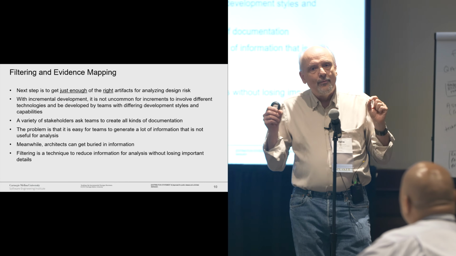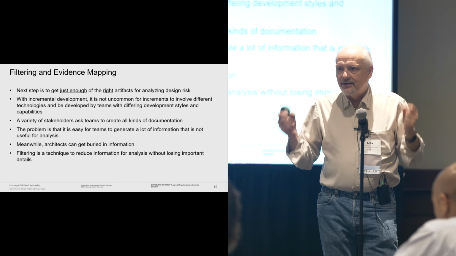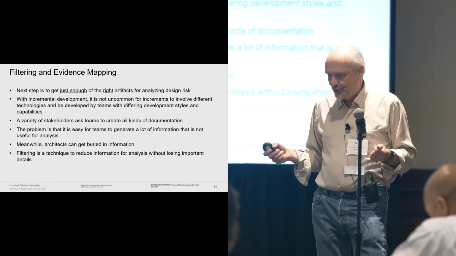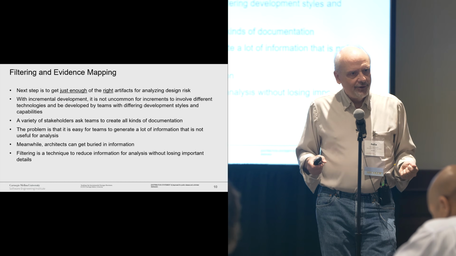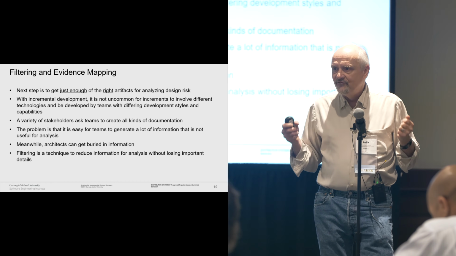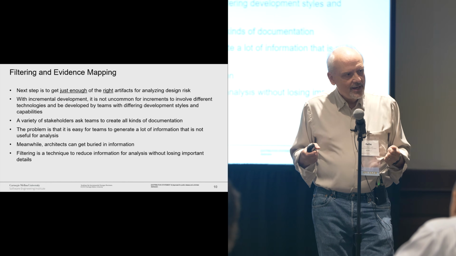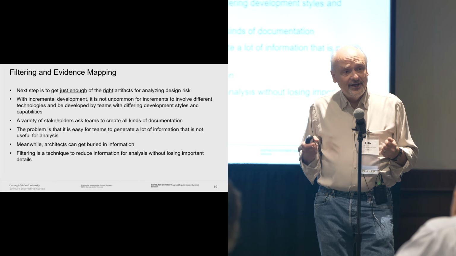If you're working with many teams to make certain things happen, you will have to deal with a lot of information. And very quickly, you will get to that point where you're just in information overload. You have a lot of information, but most of that information is actually not necessary.